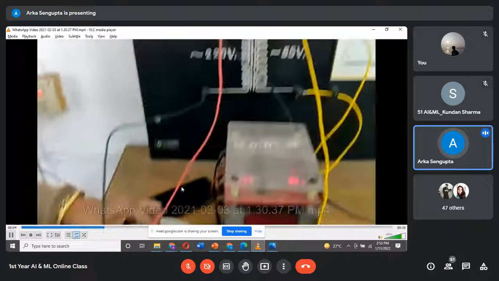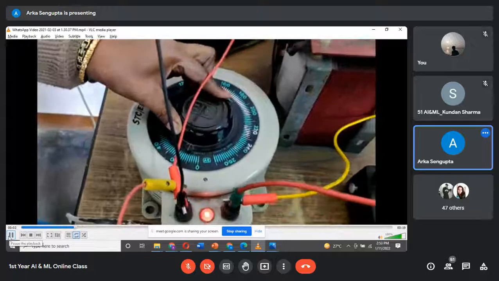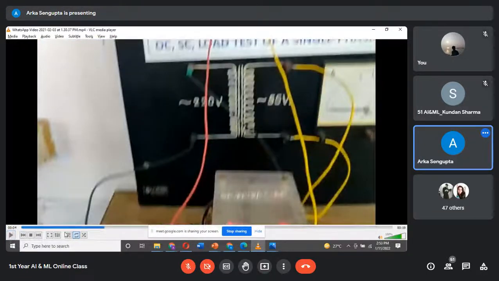You can see this is rotated. So wait a minute. You can see over here that the 55 volt side is shorted with the help of a yellow wire. This is a bit hazy, but that is due to the video.